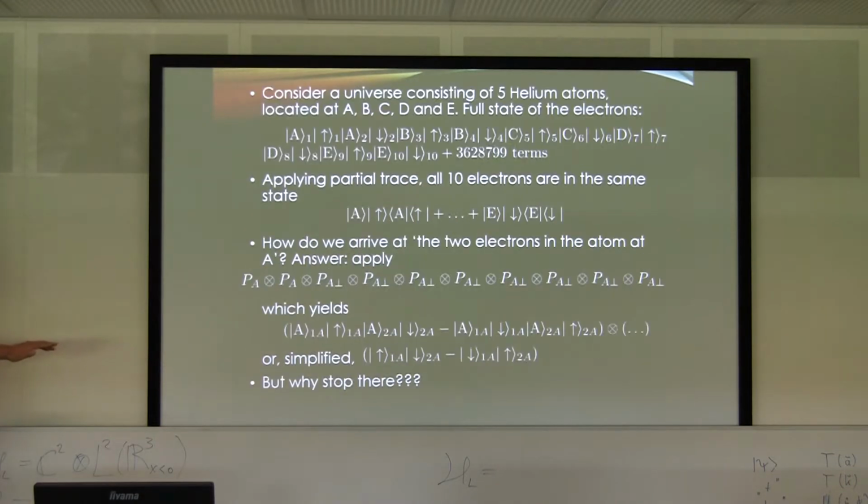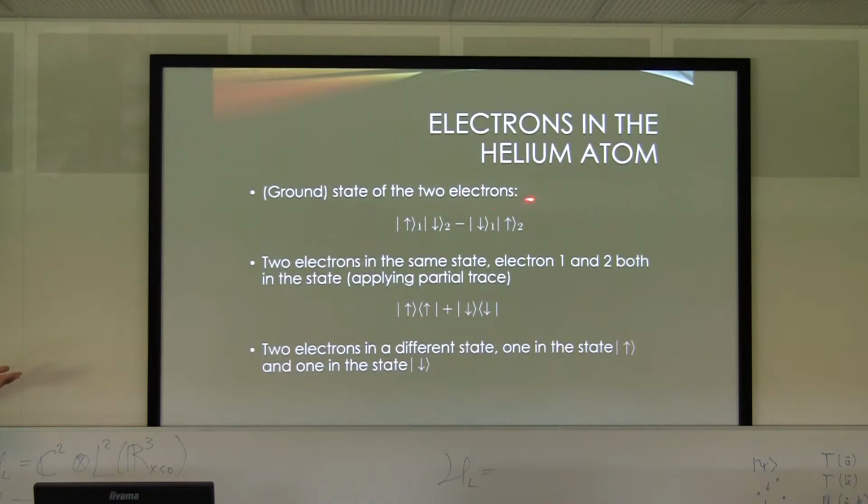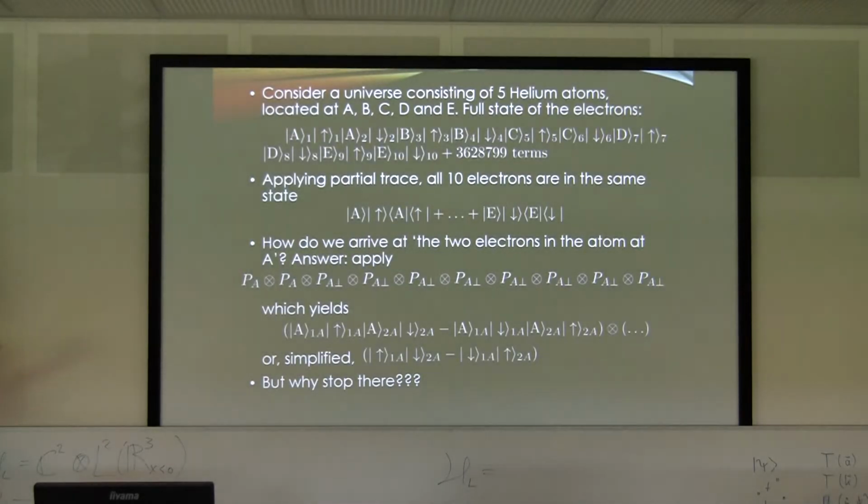So I've tried to make explicit here, in a universe with 10 electrons, you have to do some work to get from what you might call the total or fundamental state of all the electrons in the universe to the state of only two of them. And I'm saying the thing you need to do to make explicit what you're maybe implicitly doing here, you can do the same thing with this state. So if you're going to say, I have two electrons of electron A in a single state, well, then you might as well also say, I have one electron with spin up and one electron with spin down, because you're doing the same thing, essentially. Okay, thank you.